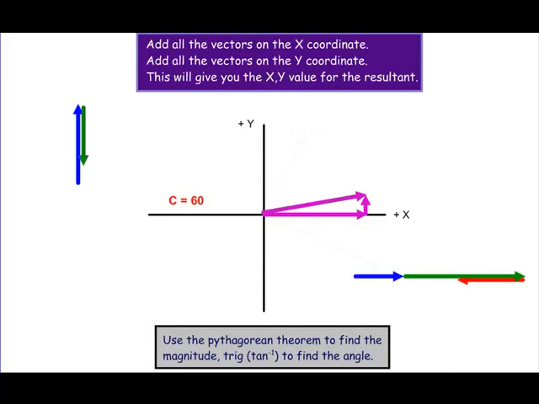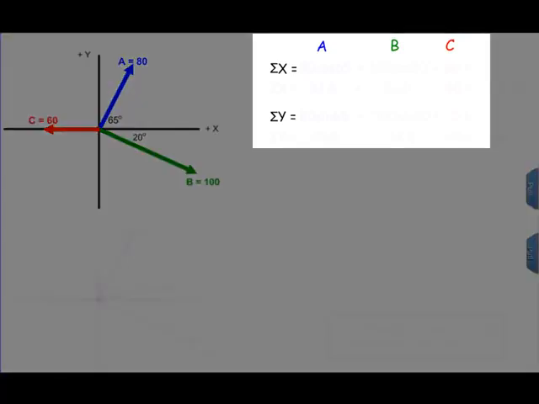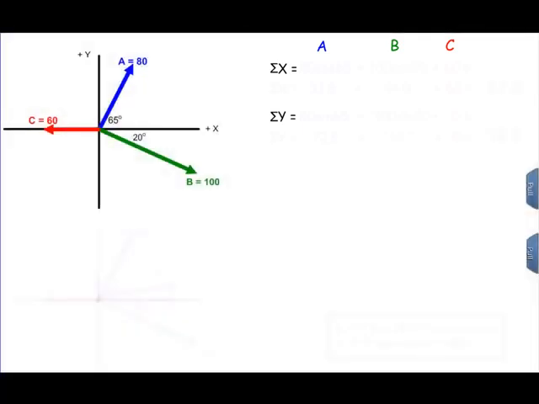Let's go ahead and use actual numbers now. Here's the coordinate plane, and I like to set this up using a tabular format where I list the vectors A, B, C across the top, and then I go across adding all the vectors that are acting in the x and y direction. Now these are the vector components that I showed you on the previous slide.